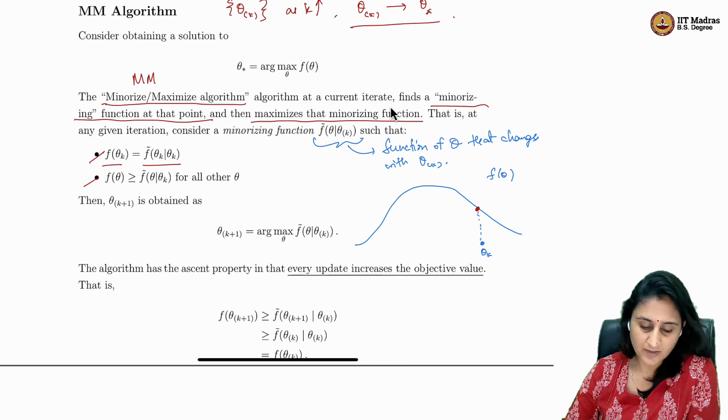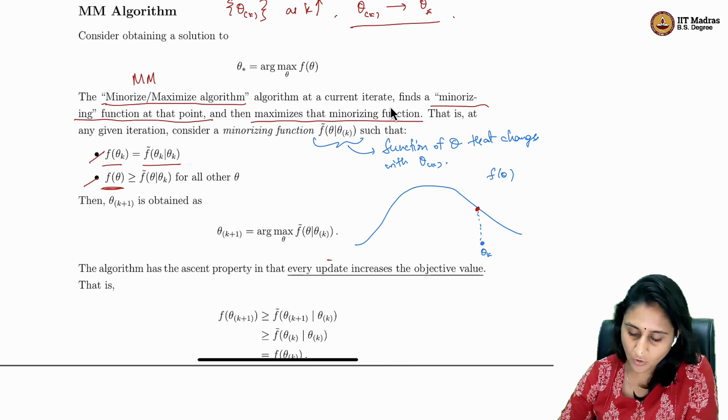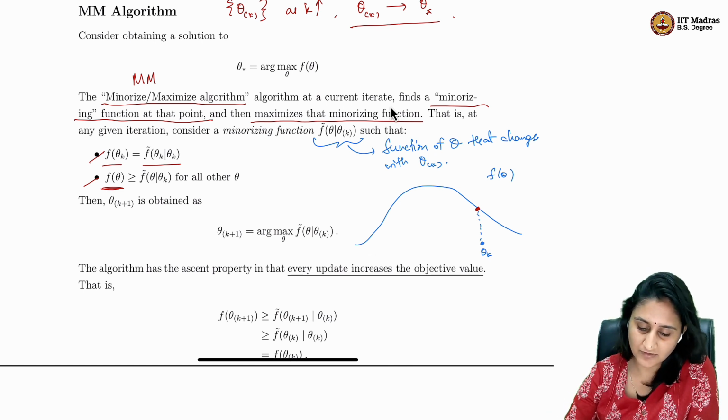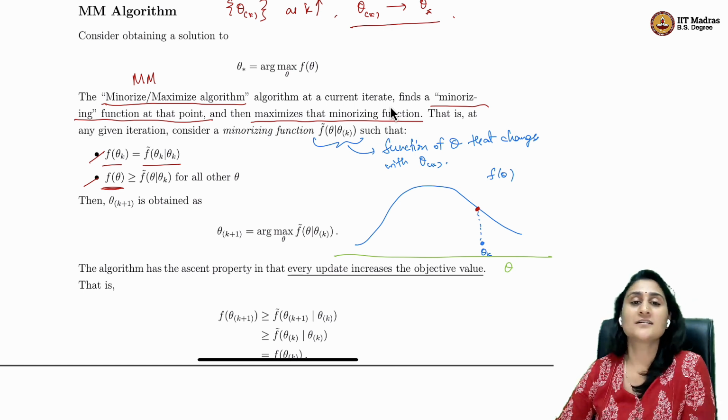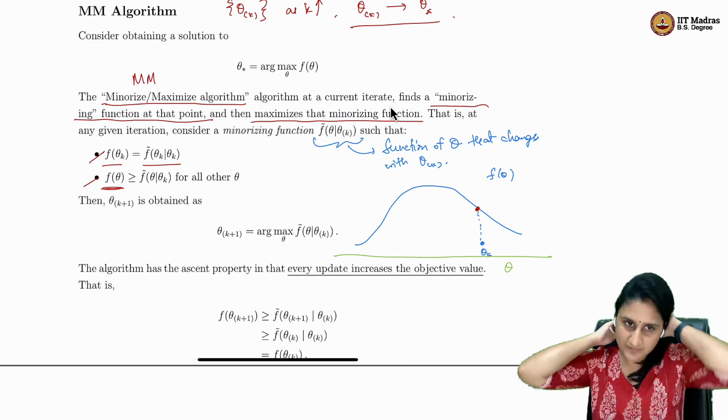Now, further, at every other point on the x-axis, which characterizes theta, f of theta, my objective function, will always be larger than or equal to f tilde of theta given theta k.